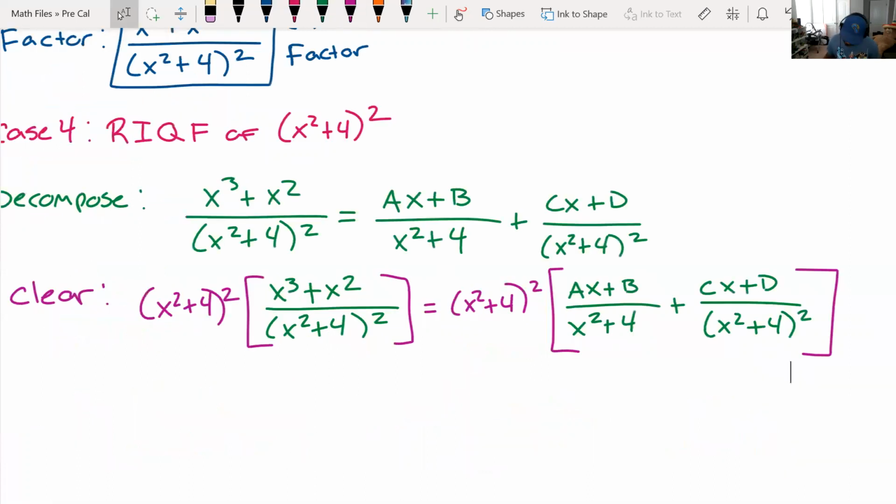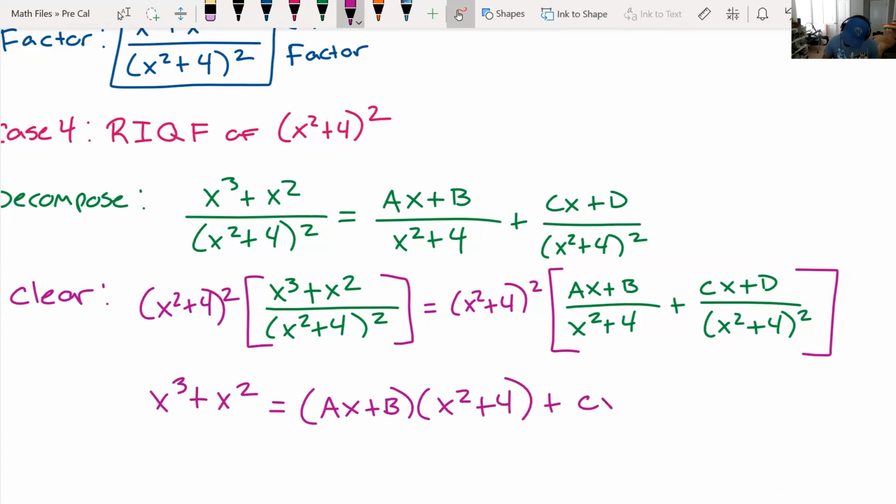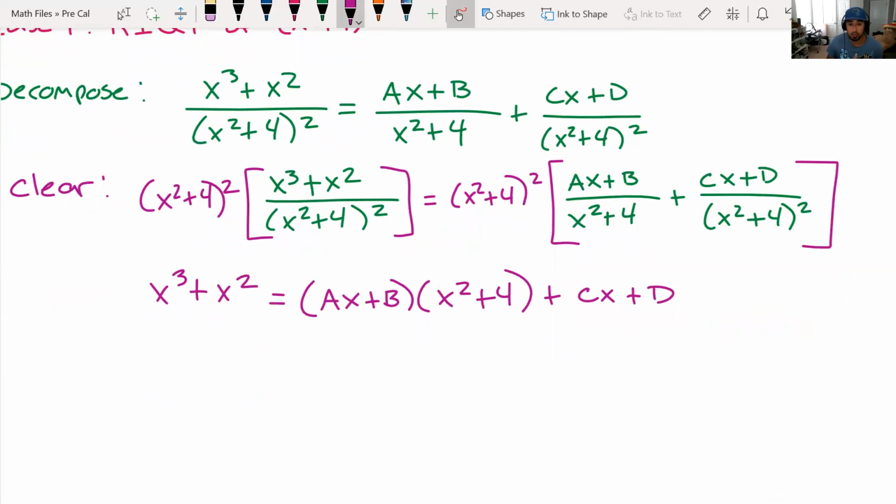All right, clear out fractions, distribute, and you'll have, and remember, parentheses around everything. And once again, I'll do this one the long way because X games could work, but it will only let us solve for D and nothing else.